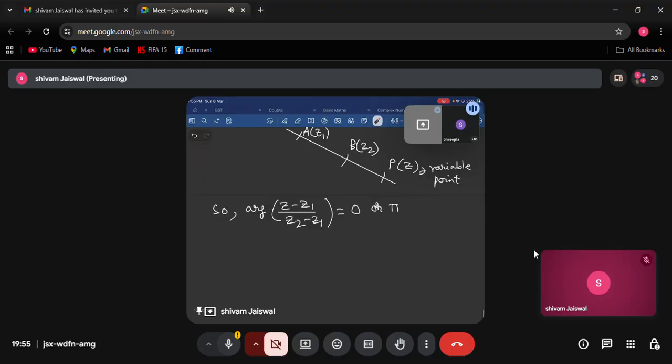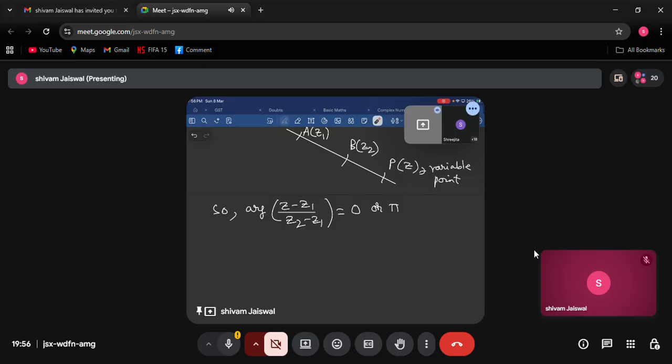Now see everyone, if argument of Z minus Z1 upon Z2 minus Z1 is equal to 0, where does this complex number lie? If the argument of a complex number is equal to 0, where does it lie? On the same straight line. Which straight line? On the real axis, right?